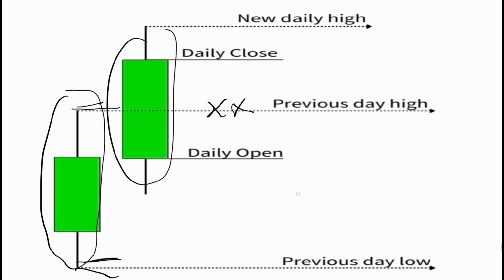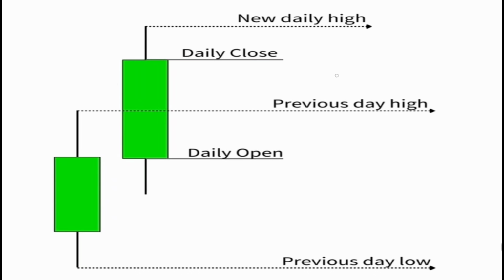When we say broken, we don't mean the wick, we mean the body close. This body here is the daily close. The new daily candle closed above the previous day's high.